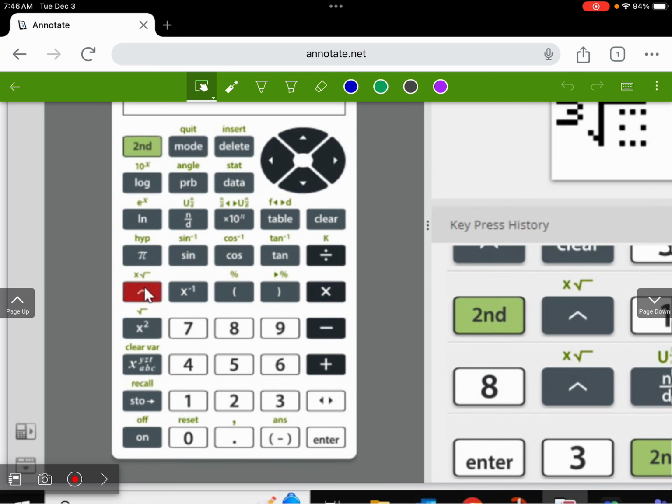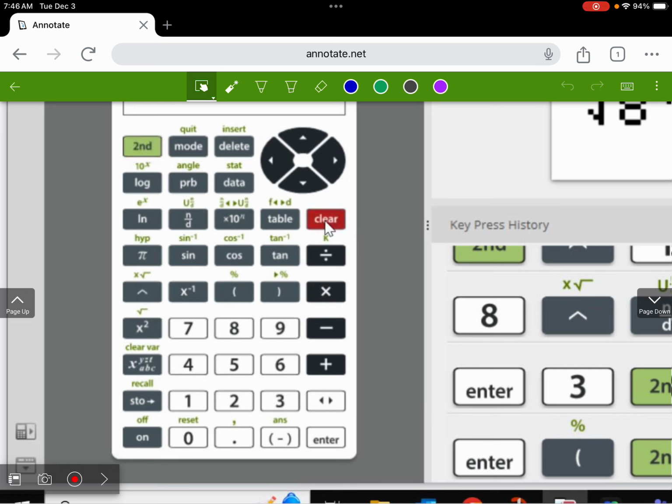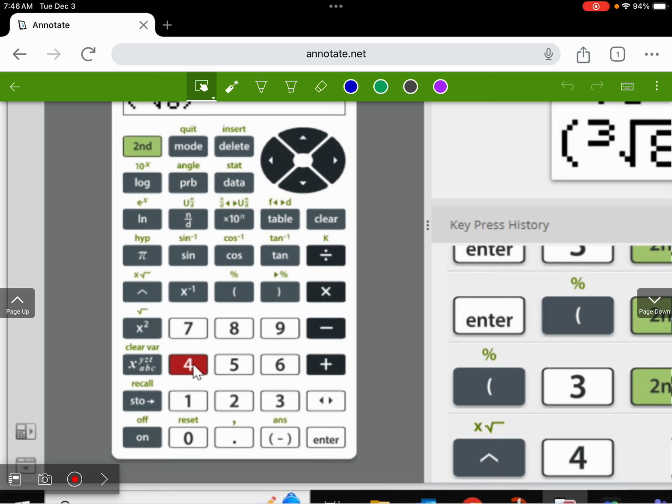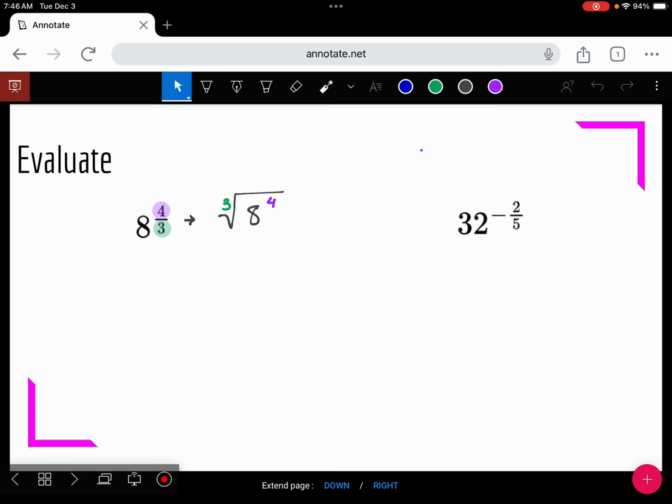I could do the cube root of 8 to the 4th, I could do it in that order and get the same thing. So it doesn't really matter which order the things are done. We're getting the same answer either way. So this evaluates down to be 16. It finally came down to a whole number.